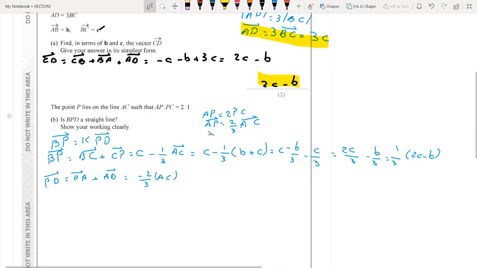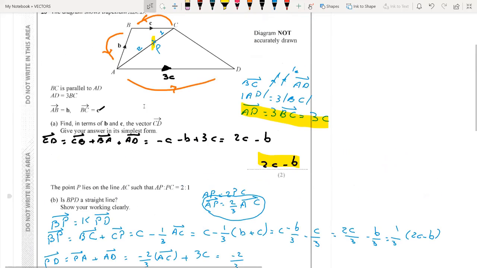How do I know this? From the small deduction that we have done, we have found that AP vector has the same direction as AC vector, and in size it is 2/3 of AC. So AP vector is 2/3 of AC vector. Now PA vector is the opposite of this, so it is minus 2/3 of AC vector plus AD vector. AD vector, which we found equal to 3C. AC vector is equal to B plus C. We go from A to C through B. So we add B vector plus C vector.